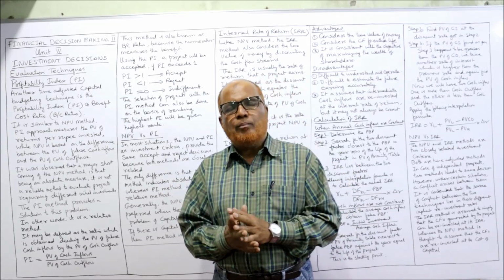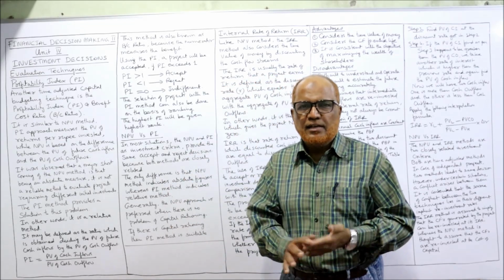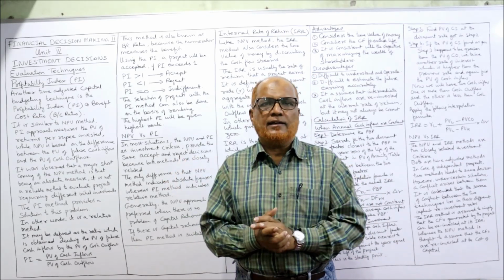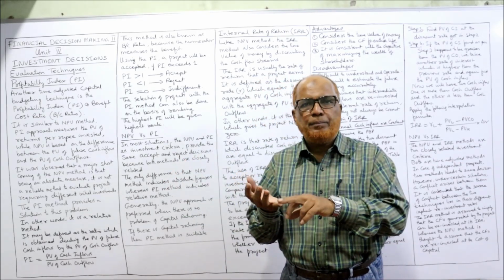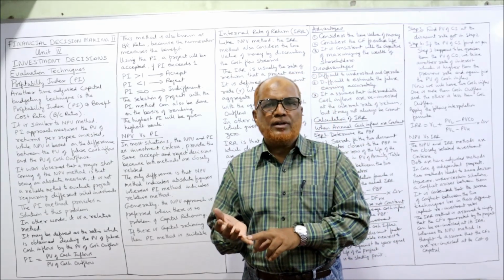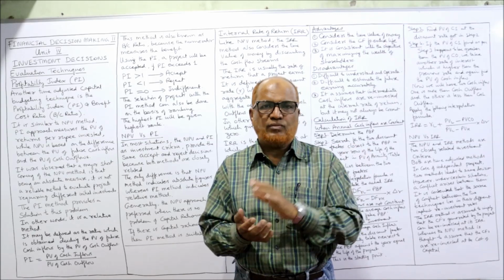All the techniques are broadly classified into two categories. The first, traditional techniques, undiscounted techniques, consist of PBP and ARR, payback period and accounting rate of return, which I discussed in the last video.